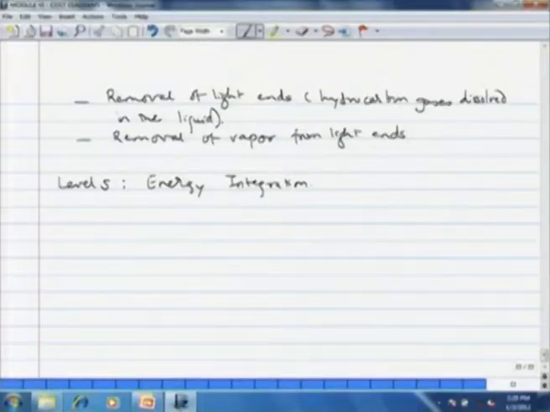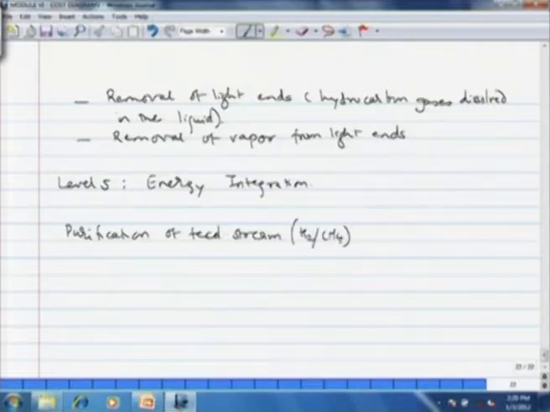Let us see the first process alternative, that is the purification of feed stream. The feed stream of hydrogen with impurity of methane. Now is it worth going for this? At the very first inspection we can find that it is not worth doing so.